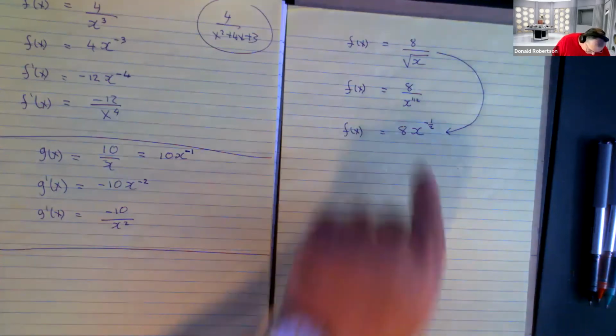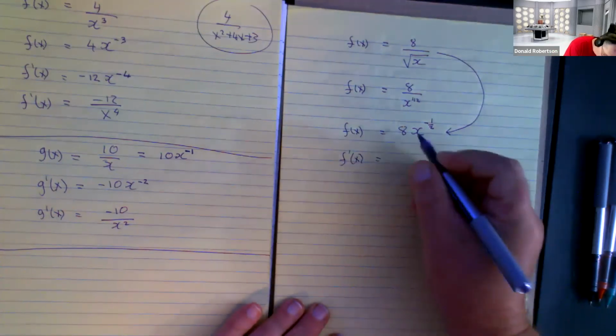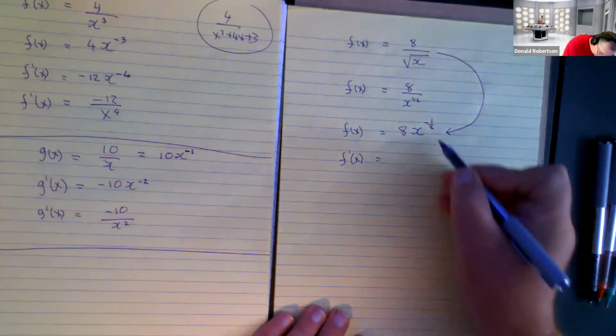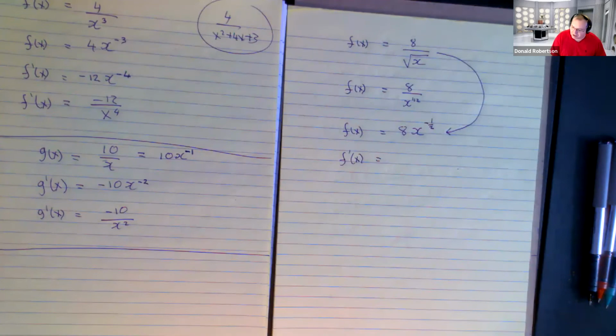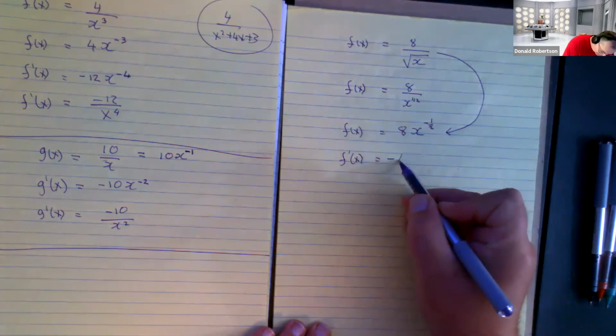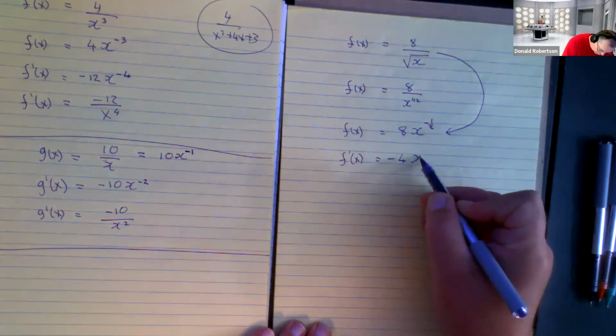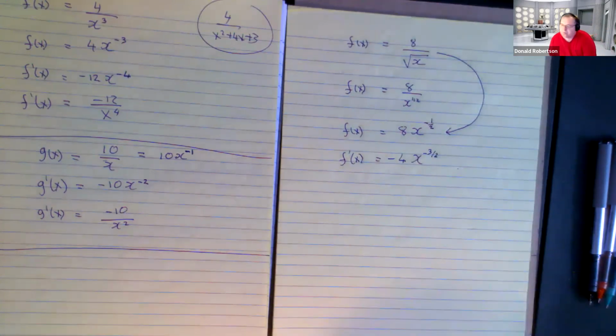Once it's written that way, the power rule does not care what that number is. It doesn't even care what that number is. Isn't it? Multiply by the power and then reduce the power by 1. So I'm going to multiply by -1/2, and then I'm going to reduce the power by 1, and we get that.